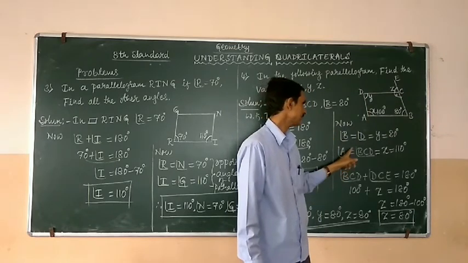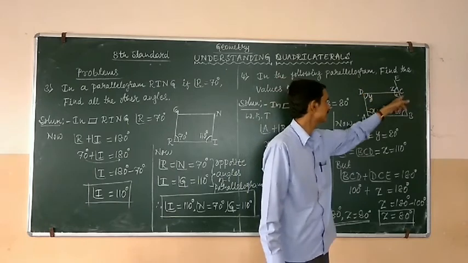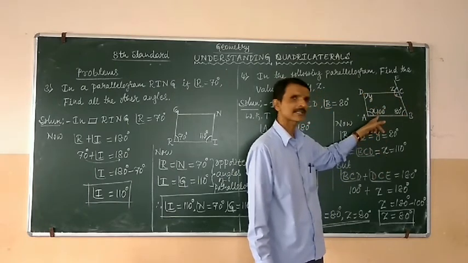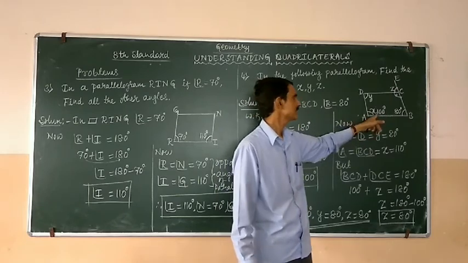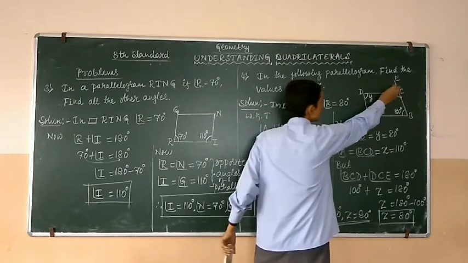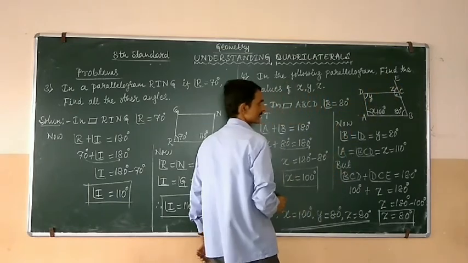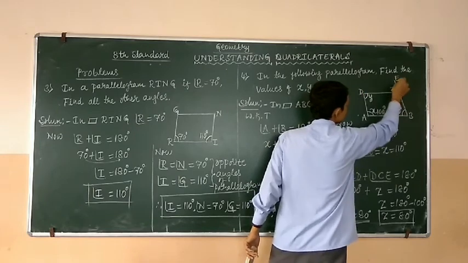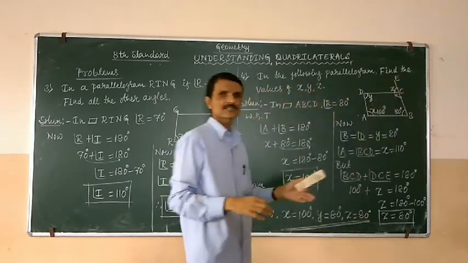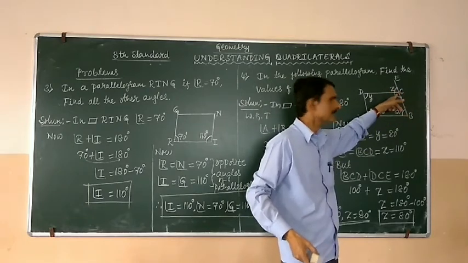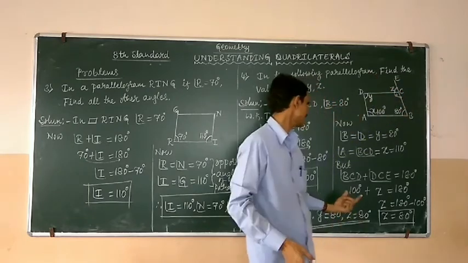Similarly, angle A equals angle BCD. So it is equal to x. We have calculated already, it is 100. So if it is 100, this is also 100. But we have to find the value of z also. Therefore, we can write angle BCD plus angle BCE. These two angles are adjacent angles, a linear pair, which is 180 degrees.